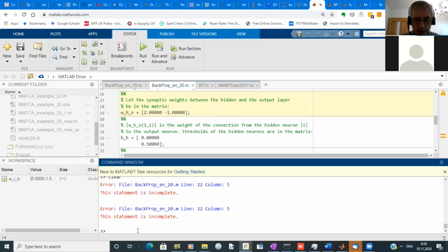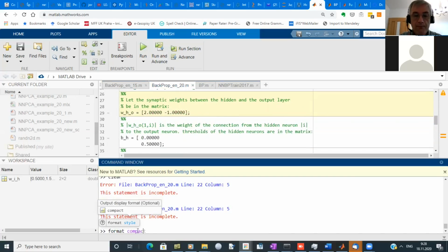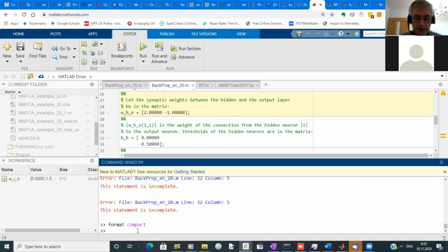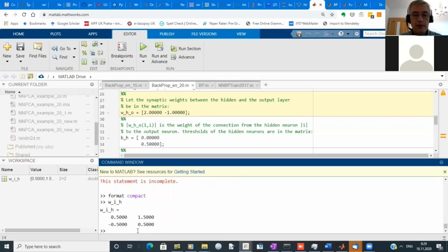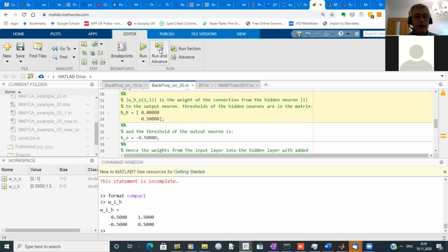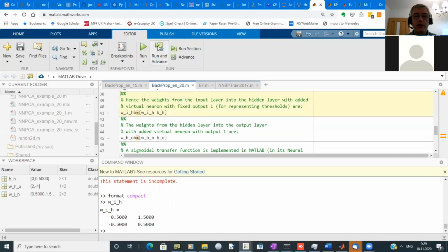So I will change the form. Weights from input to hidden, it's already stored. Weights from hidden to output. And biases of the hidden neurons. And bias of the output neuron.